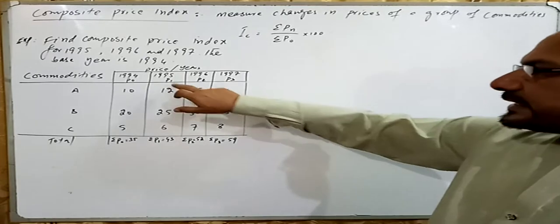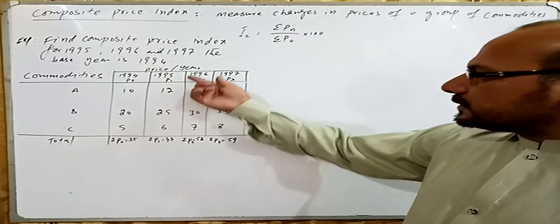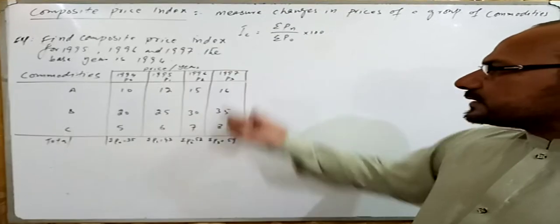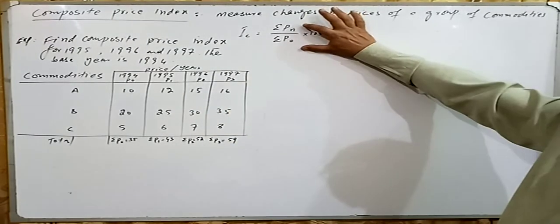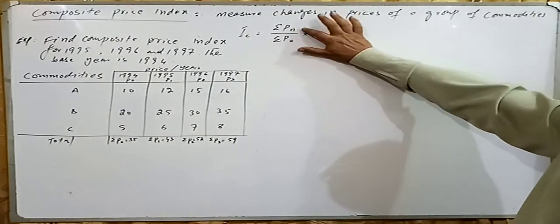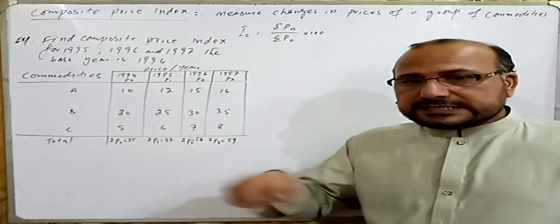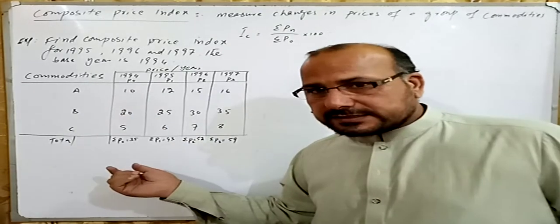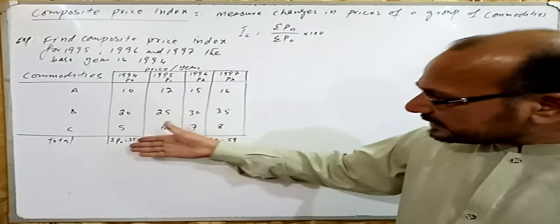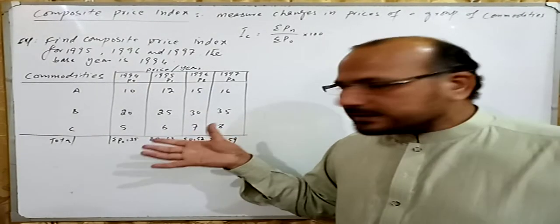The prices given in the first current year will be denoted by P1, in the second P2, in the third P3, and so on. Then according to this formula, summation of Pn over summation of P naught, where Pn means P1, P2, P3, P4. So we have to find the summations of these prices, and it's very simple. Just add them.